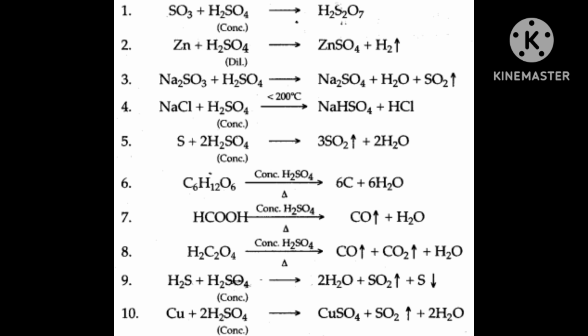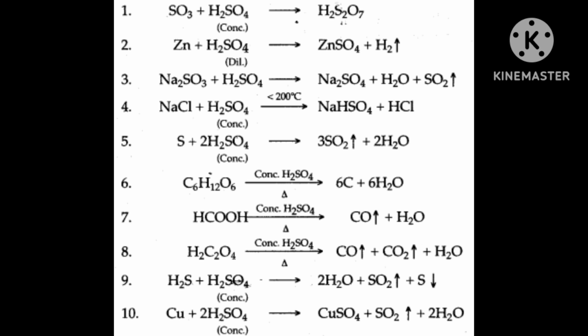Third, a strong affinity for water; H2SO4 has a strong affinity for water, don't forget. That's why it is called a dehydrating agent. And fourth, the ability to act as an oxidizing agent. The chemical properties depend on these four characteristics.